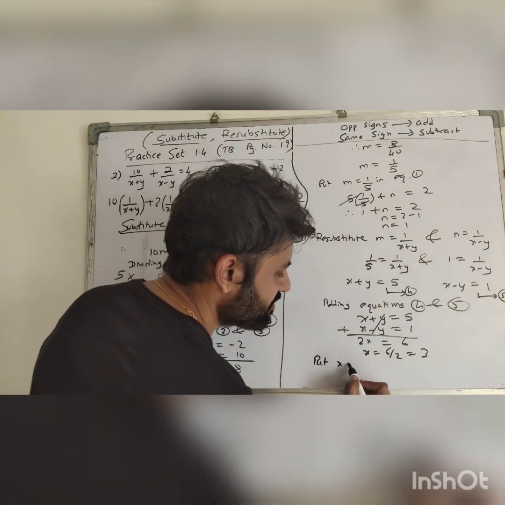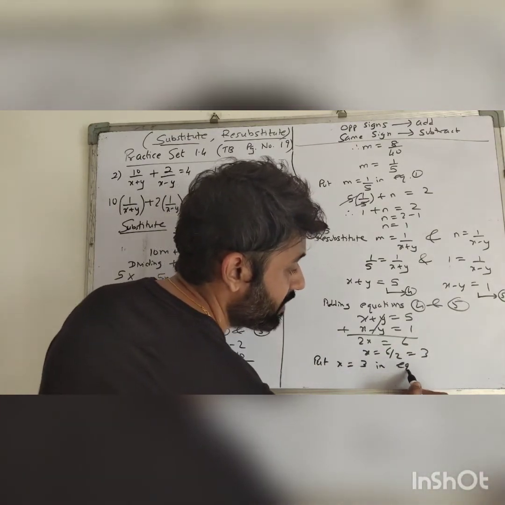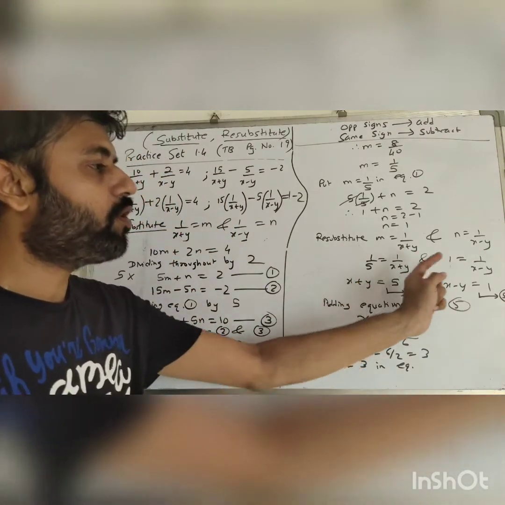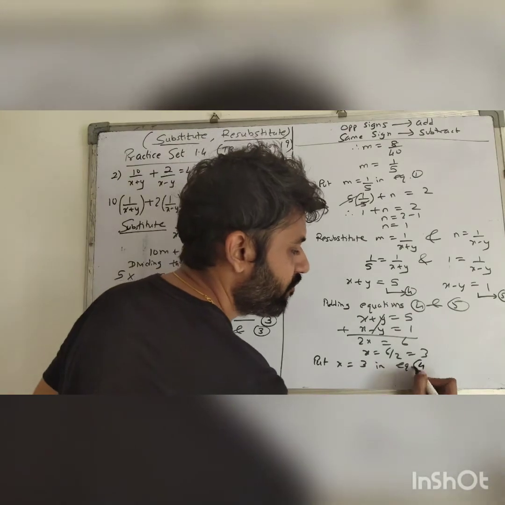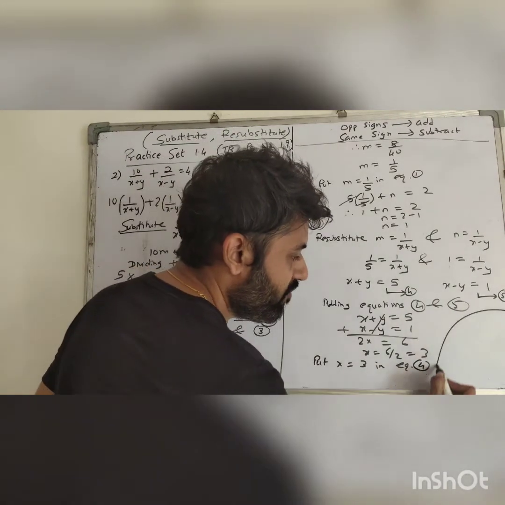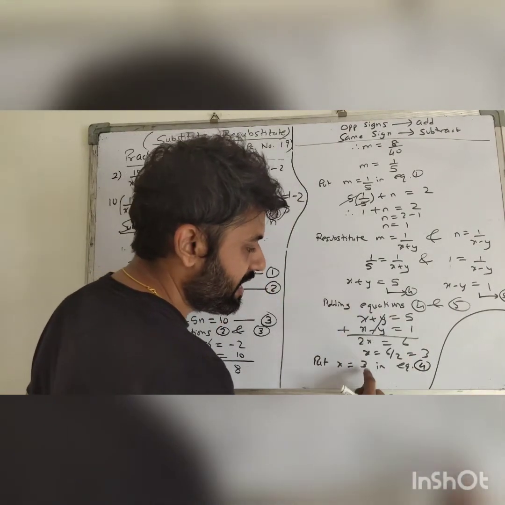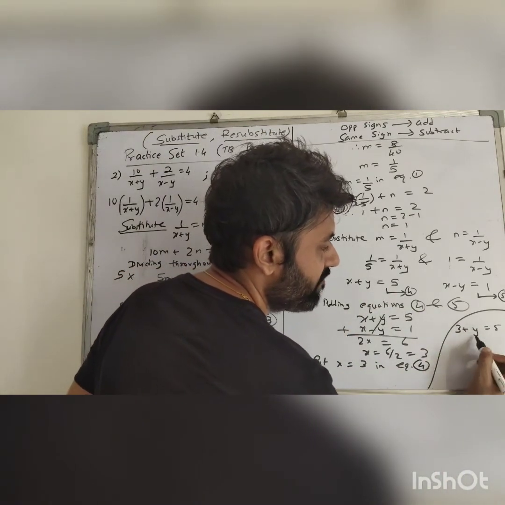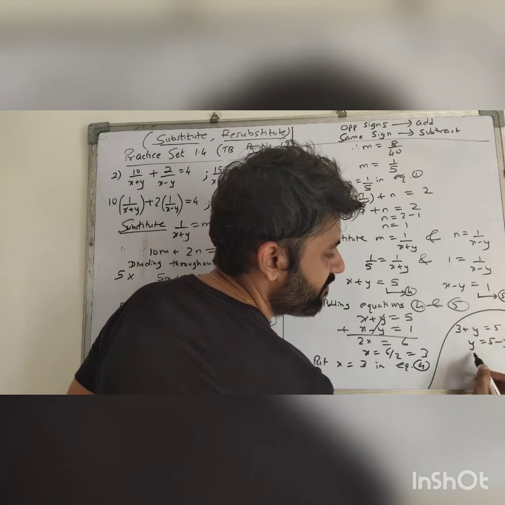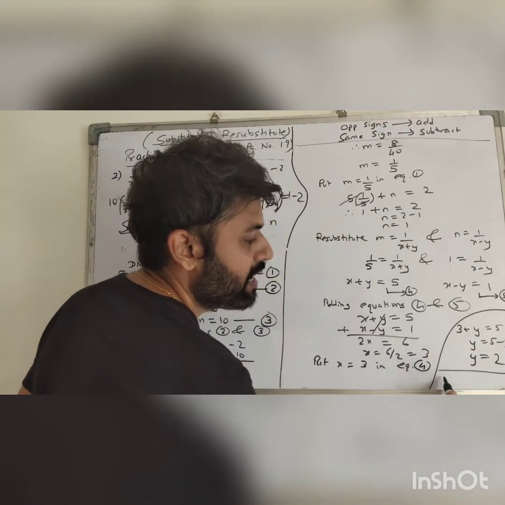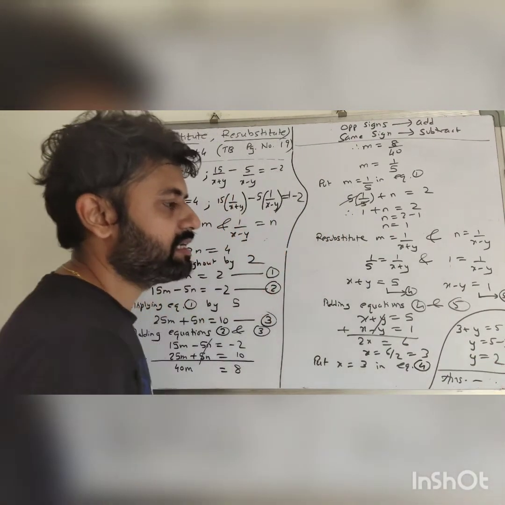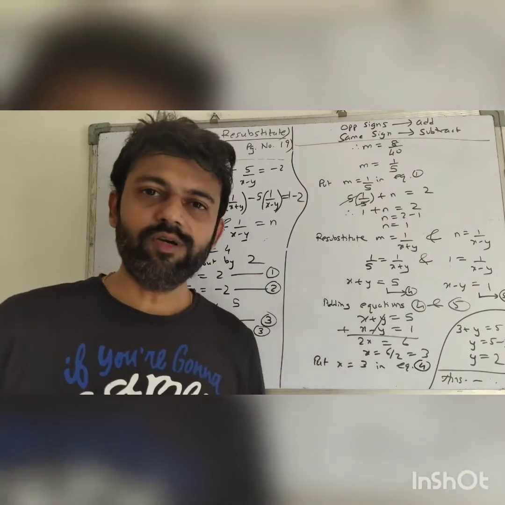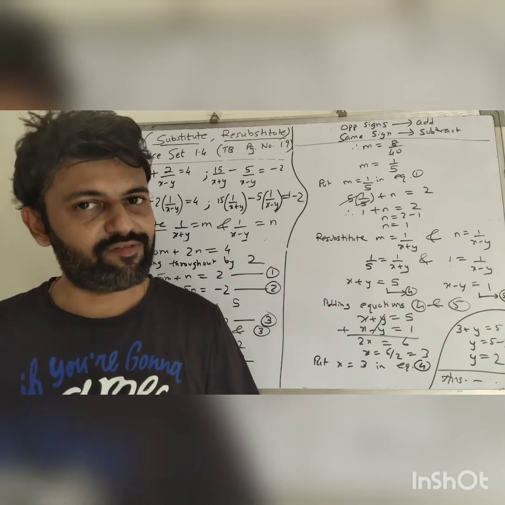On putting x is equal to 3 in equation number 4 or 5, say equation number 4, we get 3 plus y is equal to 5, y is equal to 5 minus 3, y is equal to 2. Remember to write the answer. x comma y is equal to 3 comma 2 is the solution of the given equations.